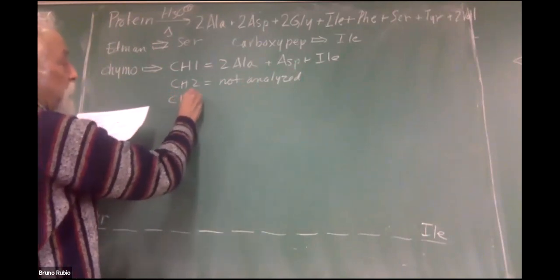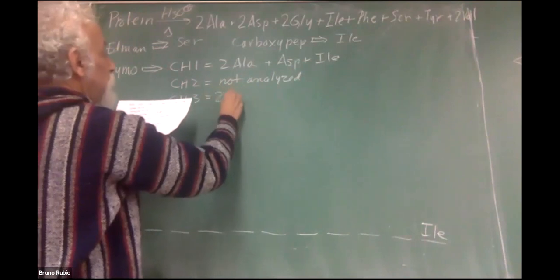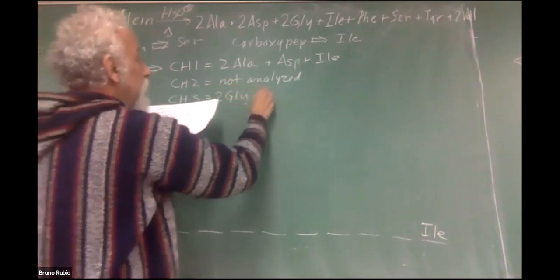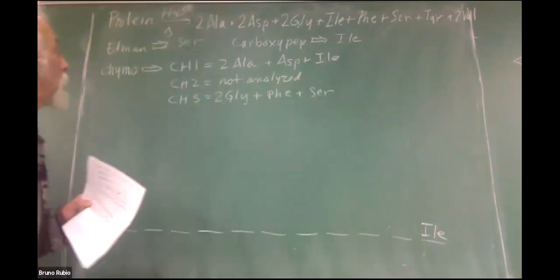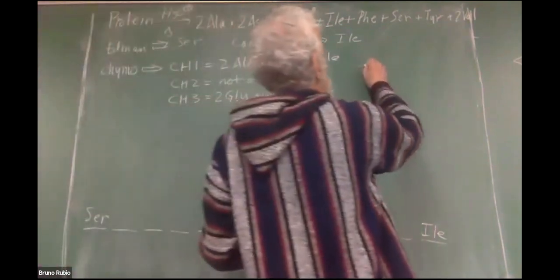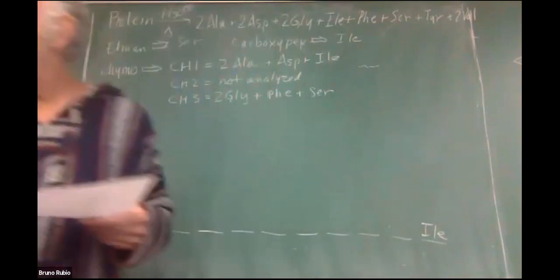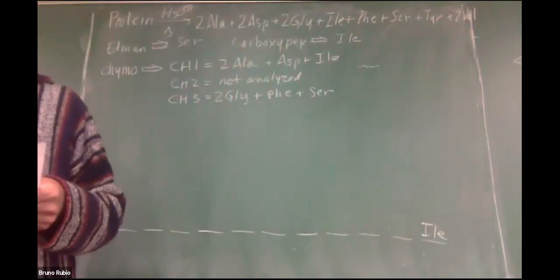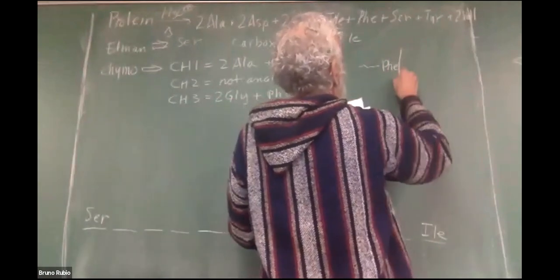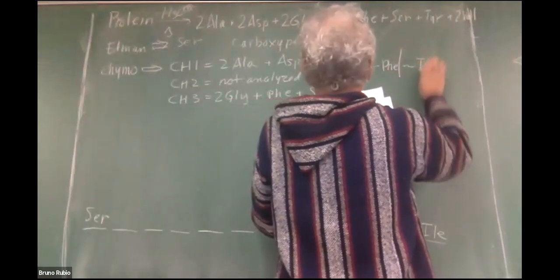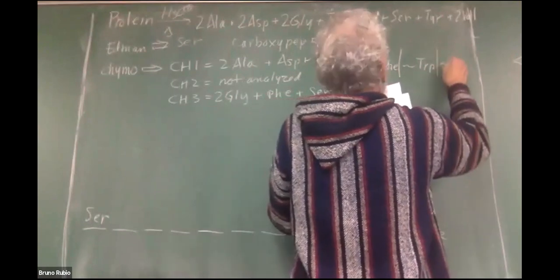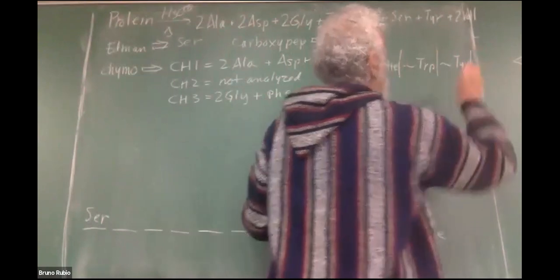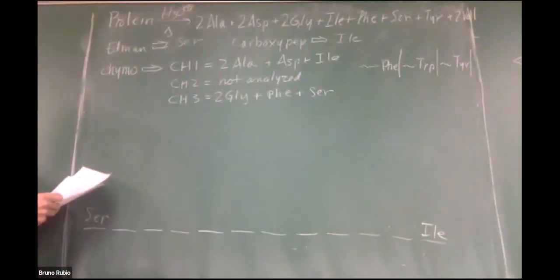And CH3 turned out to be 2 glycines, a phenylalanine, and a serine. Okay, and remember chymotrypsin breaks after PHE, TRP, and TYR.